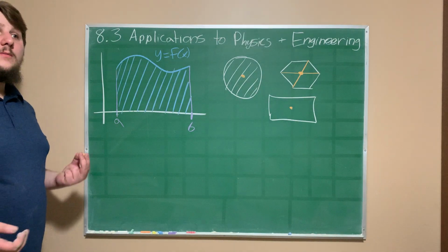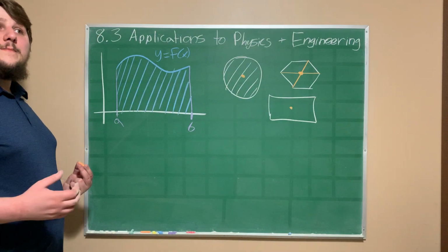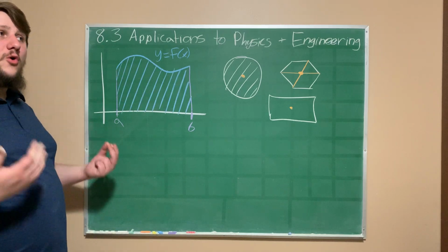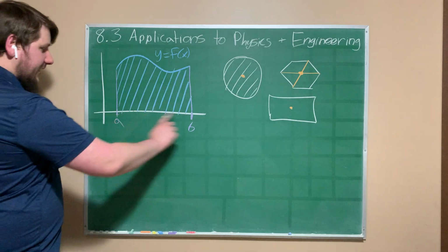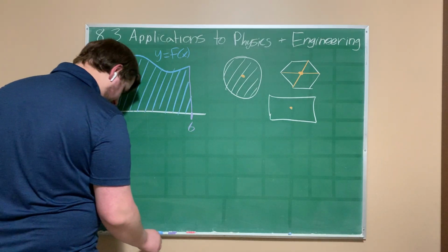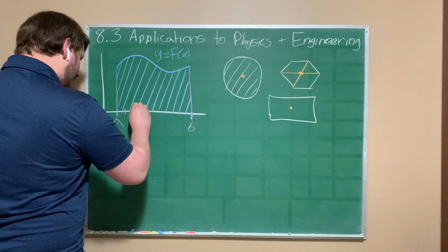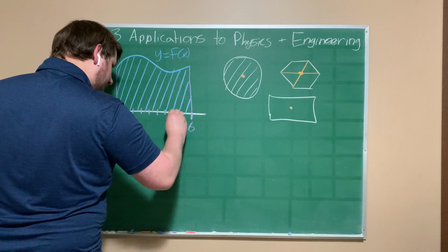We know that if you can break your system up into a finite number of pieces and find the moment of each one of those pieces, you can add up all of those moments to find the total moment. So what I'm going to do is break this up into a bunch of pieces. This part should feel pretty familiar at this point. We're going to break up the interval here into a bunch of subintervals.